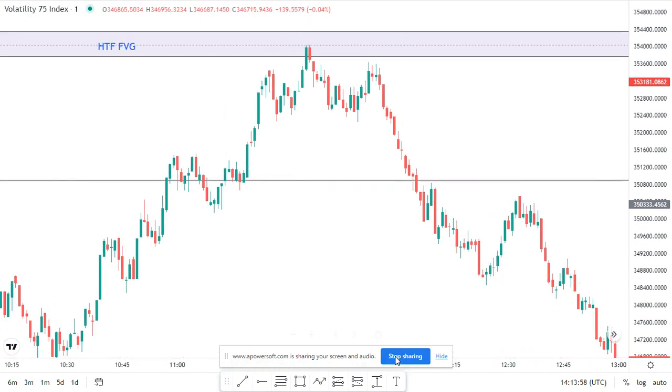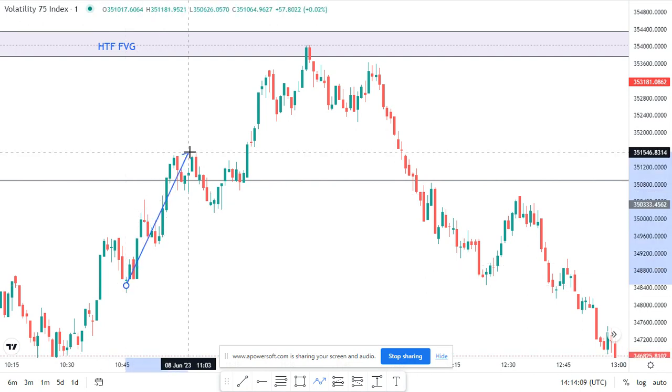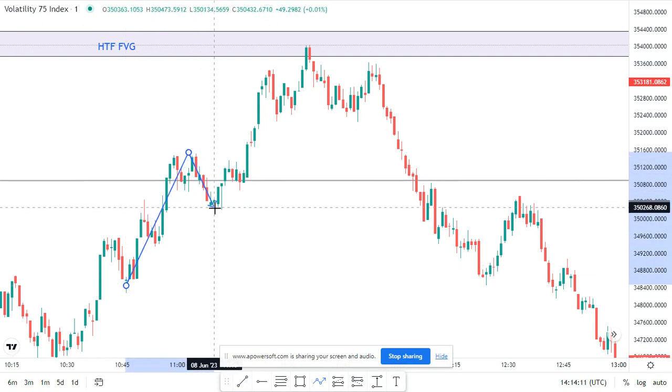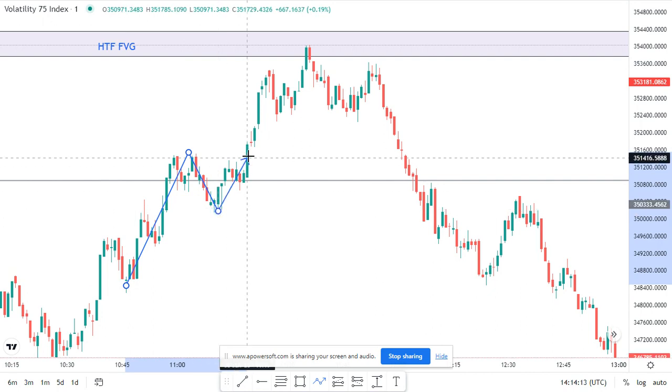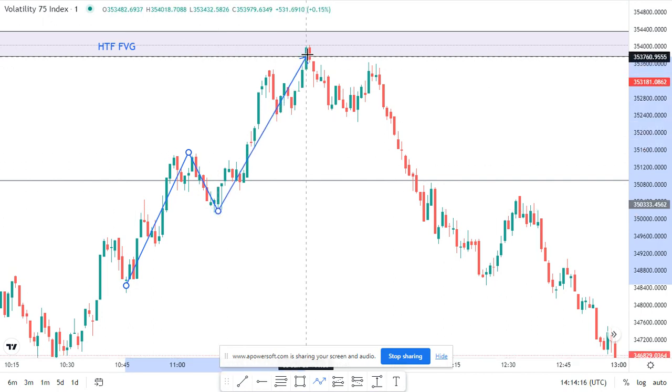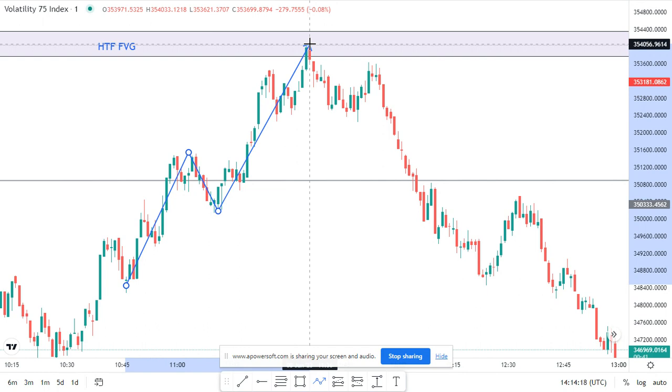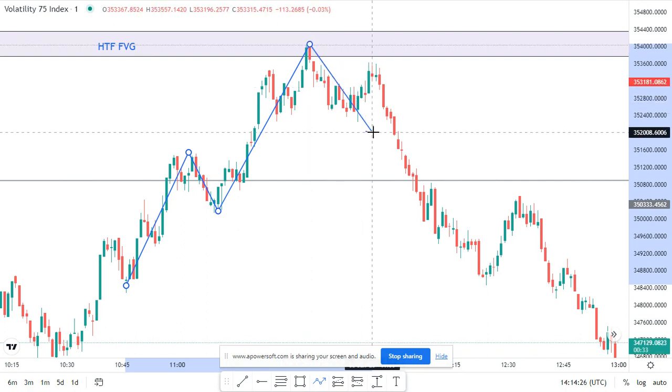Now let's see what is happening here. So we have this push, retracement, and a push into a higher time frame fair value gap. After this, we have a nice push.